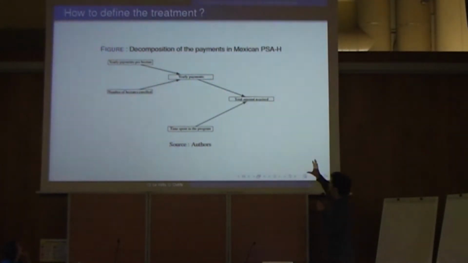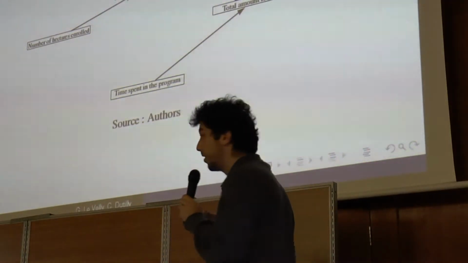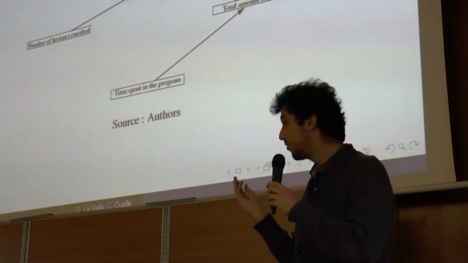For example, this is the Mexican PSAH, and when you see the total amount received on the right, it's partly disconnected from the number of hectares enrolled, because it's basically a mix between the early payments and the number of years you spend in the program. So let's say for an amount X, you can have the same amount for somebody who just entered but has huge payments because he's been enrolling a lot of land, and for somebody who's been enrolled for like 10 years but has small payments.